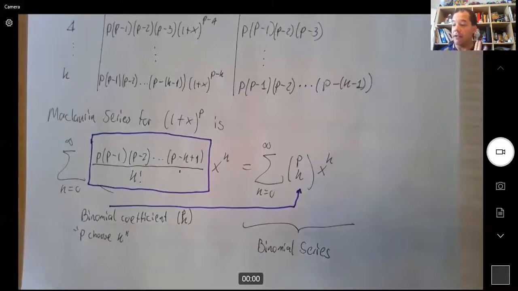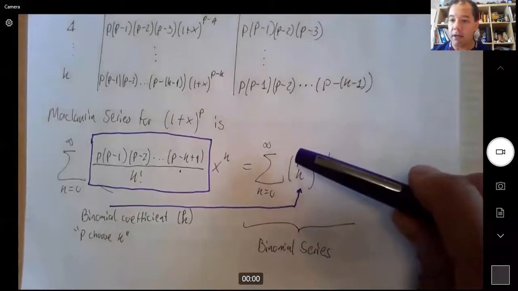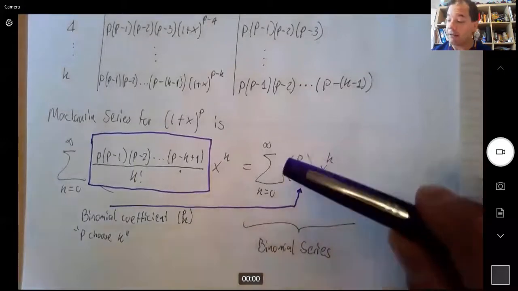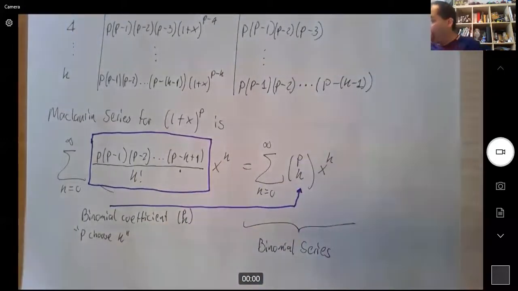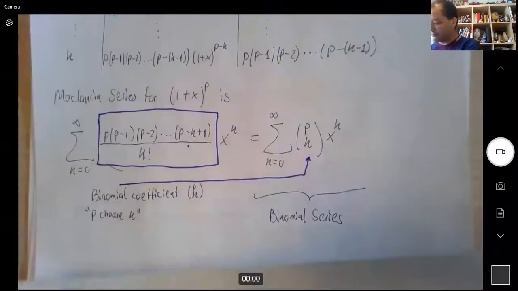The interval is a little bit tricky for this one. It depends on the p. So this number p can be whatever we want. It can be an integer. It can be a rational number, like 1/2. It could be a number like pi, and that's okay. So let's find out what is the radius of convergence.